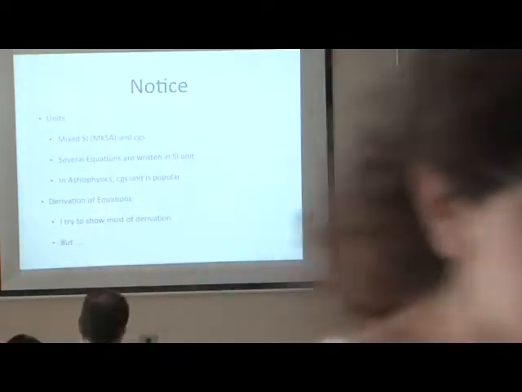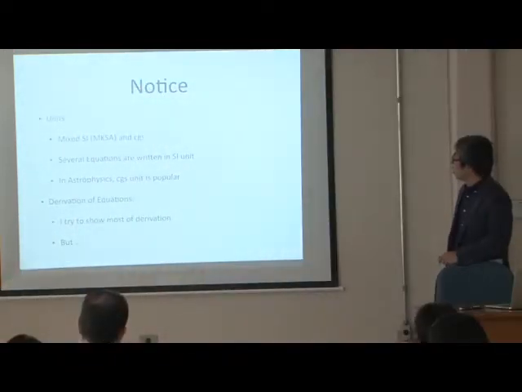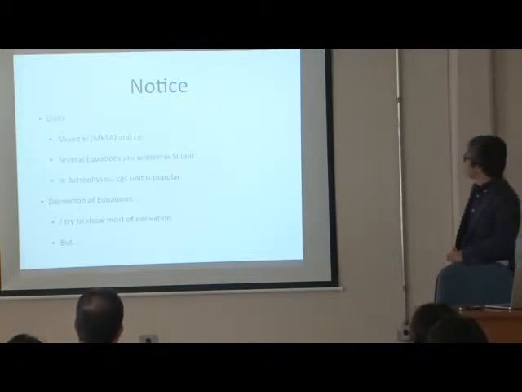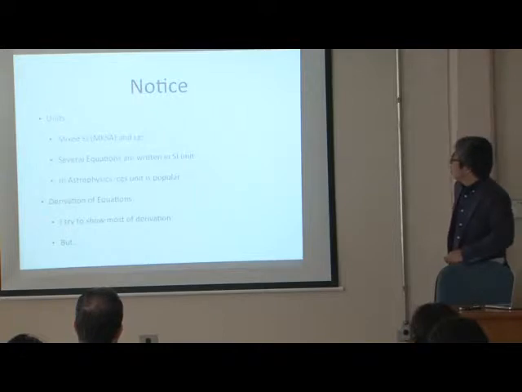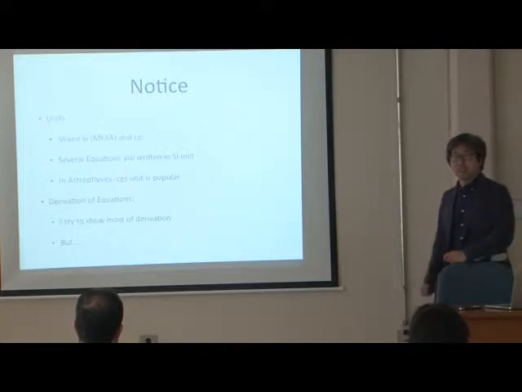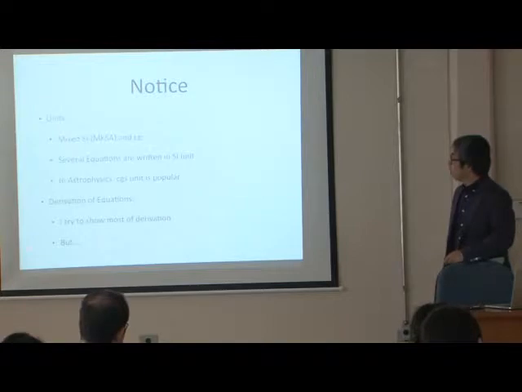Several equations are also written in both SI and CGS units. But of course, in astrophysics CGS units are more popular, so I think it is better to use them. I also try to show the derivation of the equations as much as I can, but sometimes I may miss something or even make a mistake. So if you find something, please let me know today.